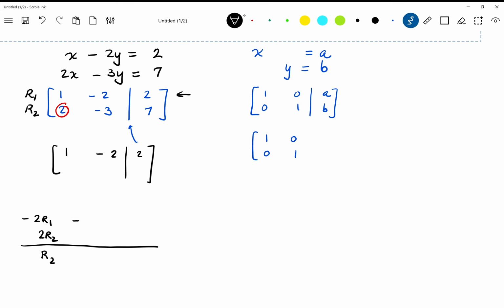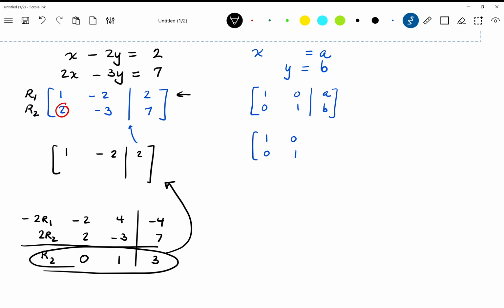So that means I have -2, +4, -4, and I will put the vertical line there just to be consistent. And I'm adding that to R2, so that's 2, -3, 7, and my new R2 is 0, 1, 3. So that is going to go here. I'm going to draw that in red.